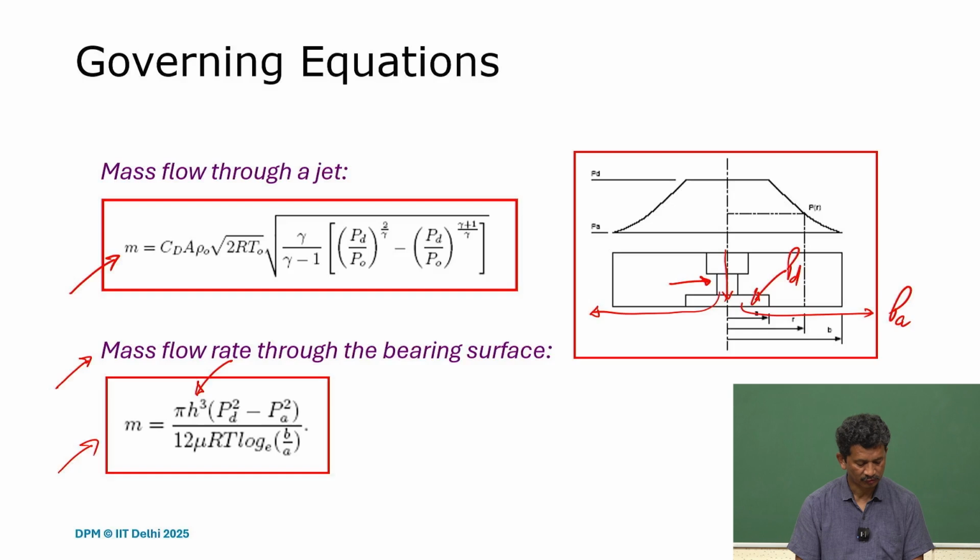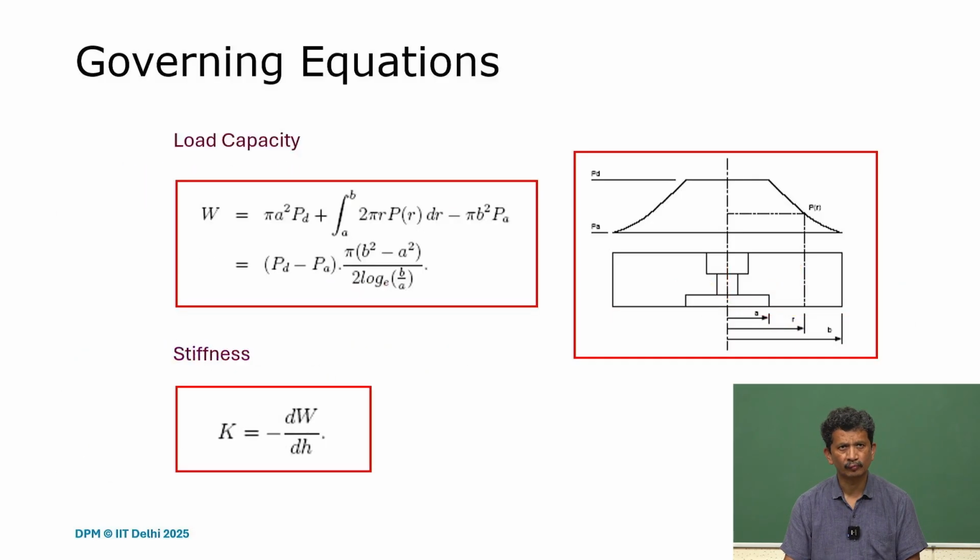So then we can calculate, and B and A are these geometric parameters we have. So these are two mass flow rates, and we can always try to solve for a given air gap and accordingly find the pressure distribution here. So what would be the pressure distribution?